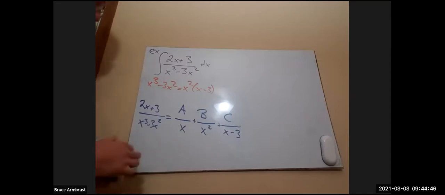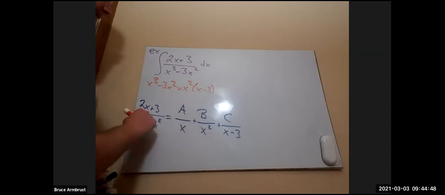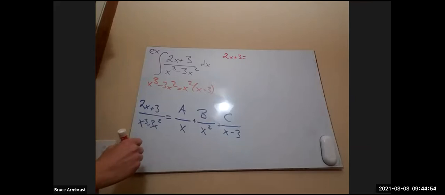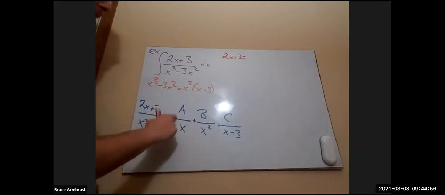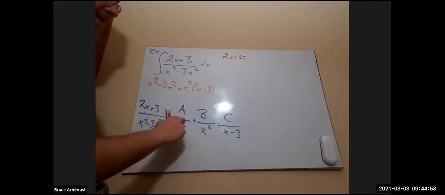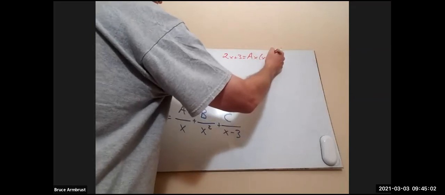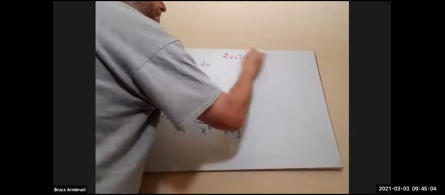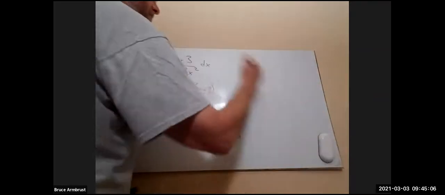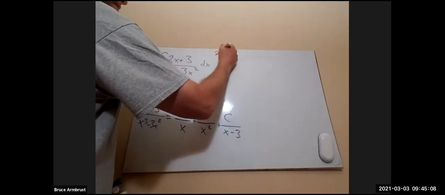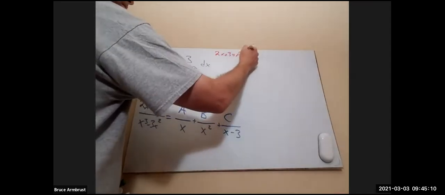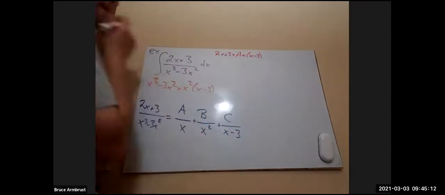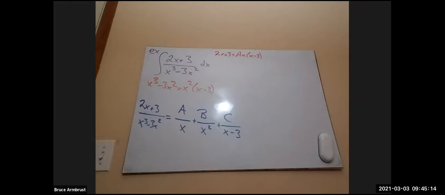All right, so we're going to have the top here is 2x plus 3. 2x plus 3 is going to equal. Now the a is going to need an x and an x minus 3. So when we combine it, it's a times x minus 3.